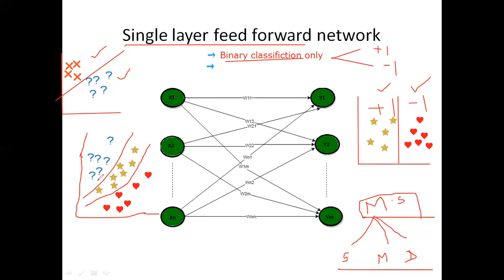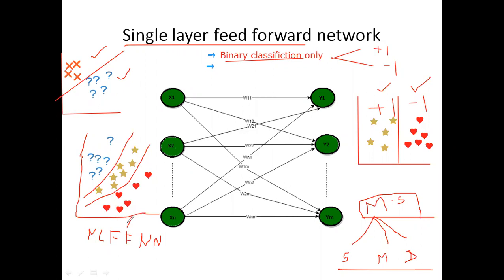this kind of network is called a multi-layer feed-forward network. Within this, we use two hyperlines instead of one. This kind of network is called a multi-layer feed-forward neural network, ML FF NN.